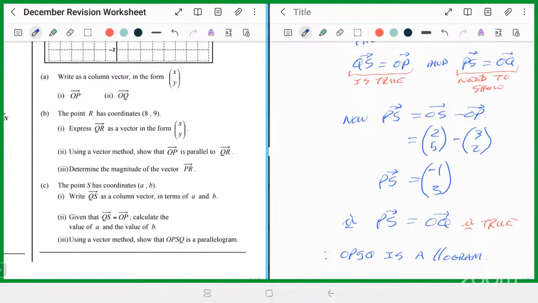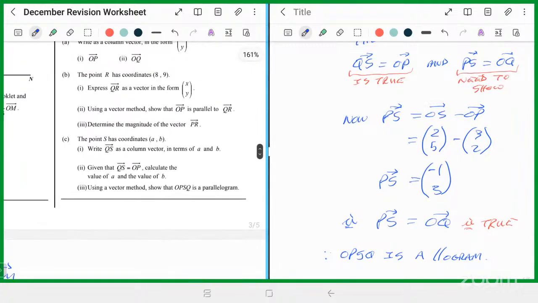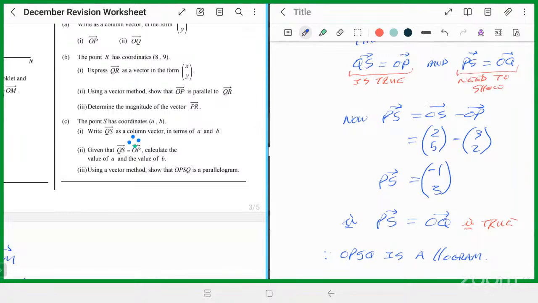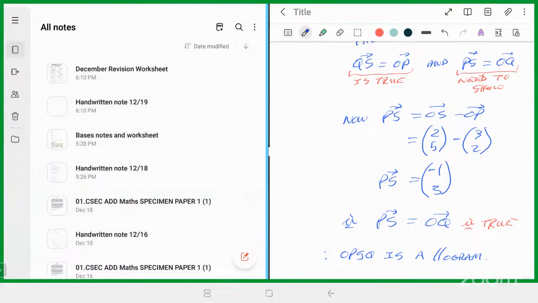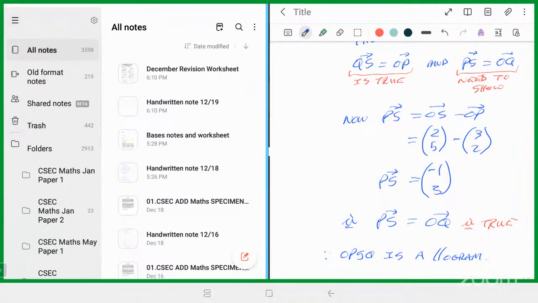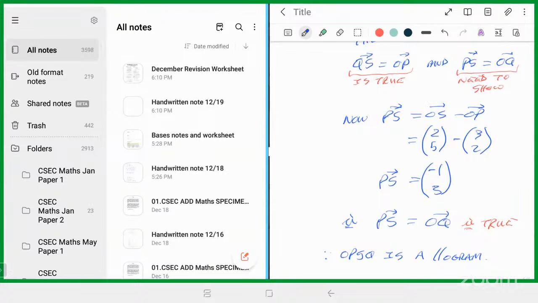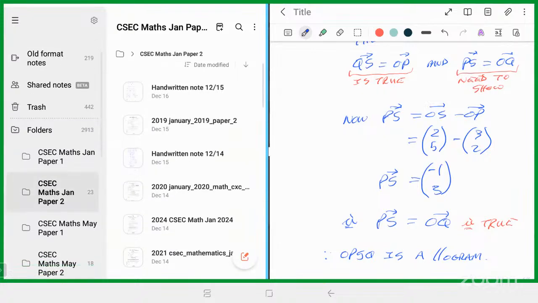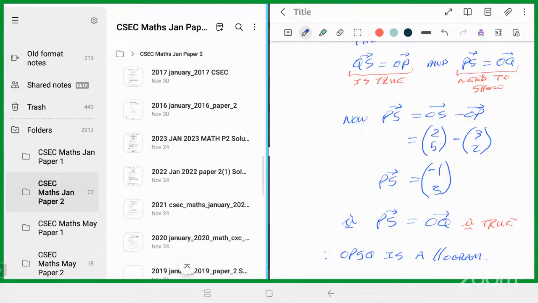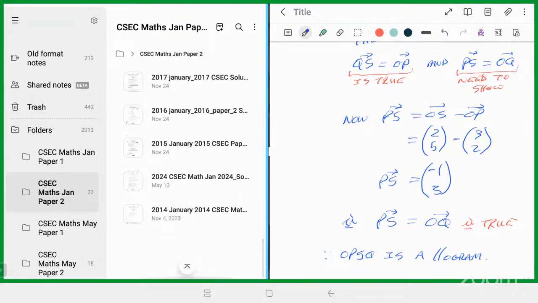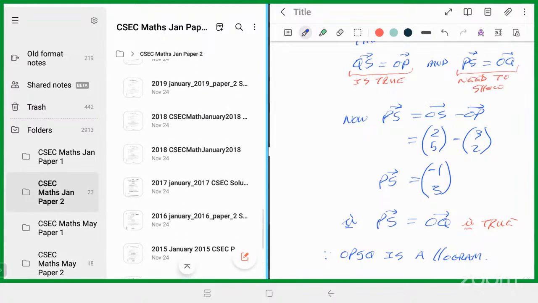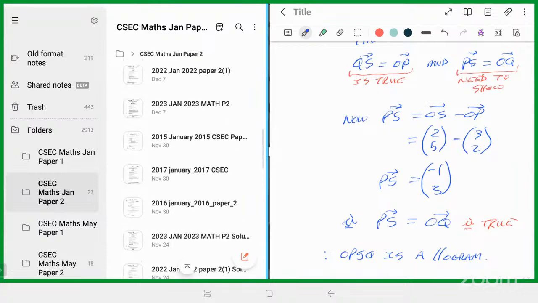All right. So I gave you all a paper to do. Nice paper. Let me see if I can find it. It was January 2011 or June 2011? January 2011. All right, let me see if I can find it inside here. I don't have it inside here.